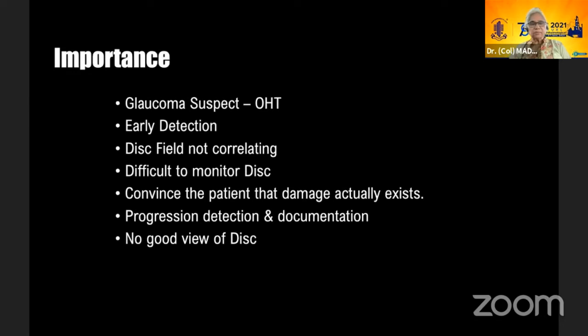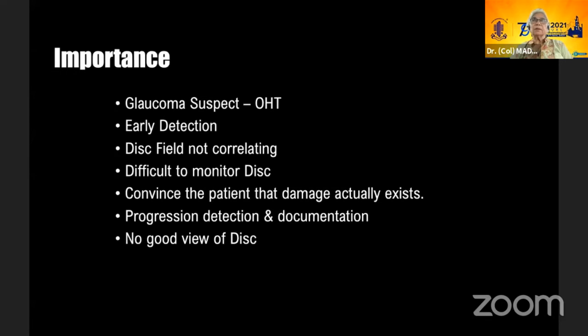Now, importance. Glaucoma suspects and early glaucomas are very, very important, and OHT too; all these are gray areas. So we can clarify these gray areas with this machine. For early detection, we can use RNFL, which is very effective. When disc and field are not correlating in any kind of glaucoma, OCT is indicated. Sometimes it's really difficult to monitor the discs and RNFL because of media opacities like cataract.